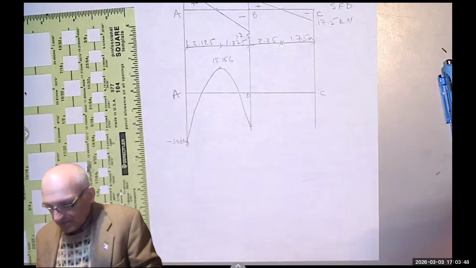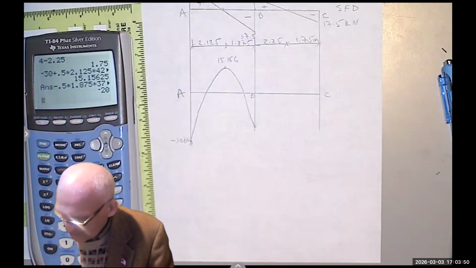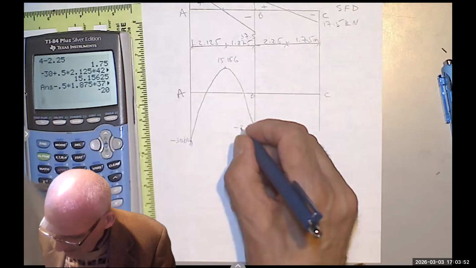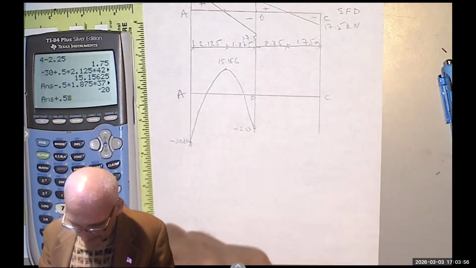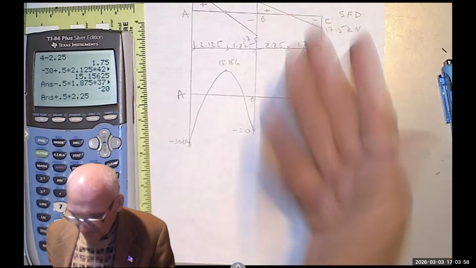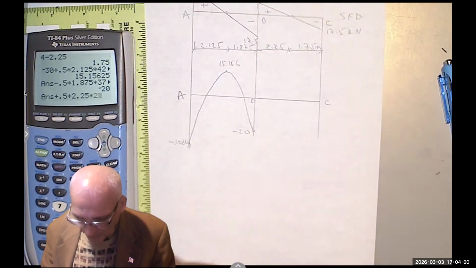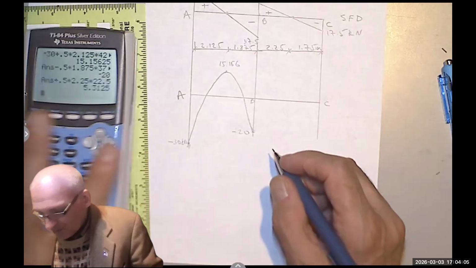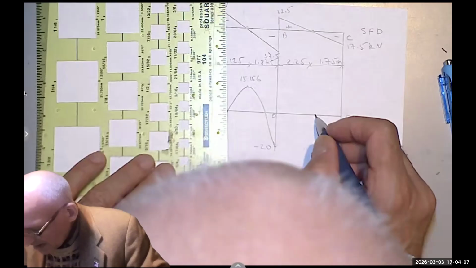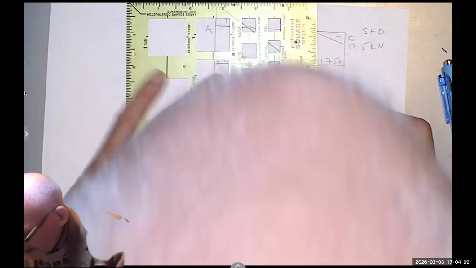So I have this value as negative 20, and I'm going to add to it 1/2 times 2.25 times 22.5. And that will take me to 5.31, somewhere here.